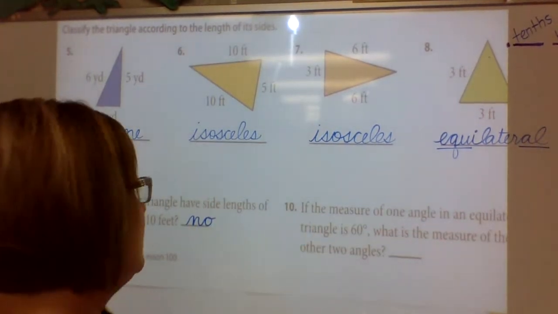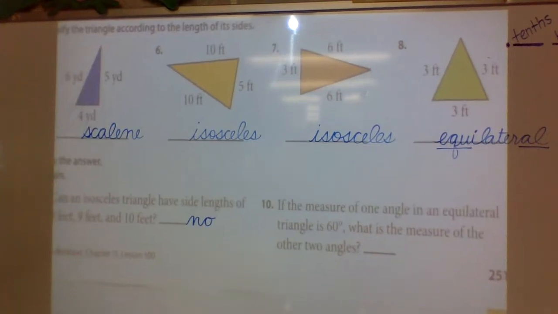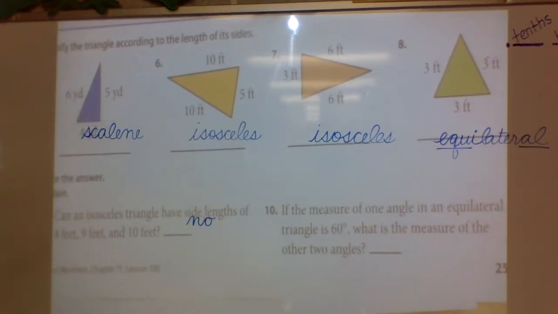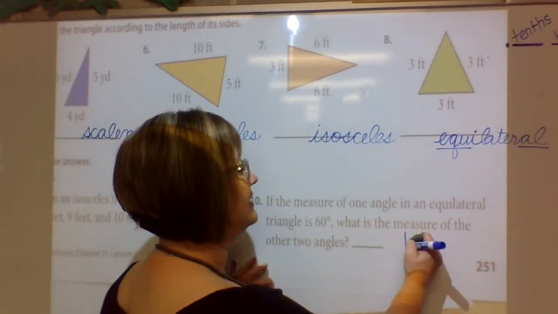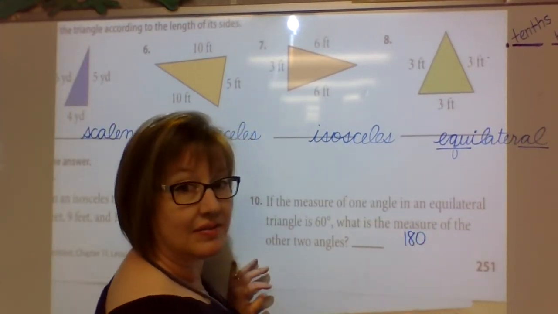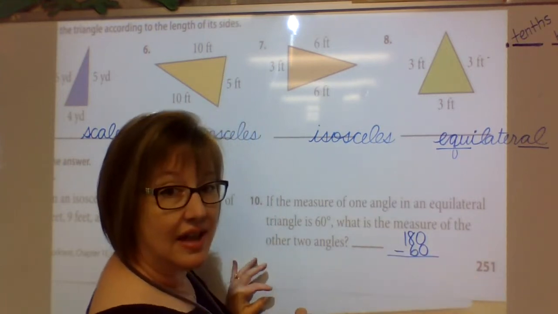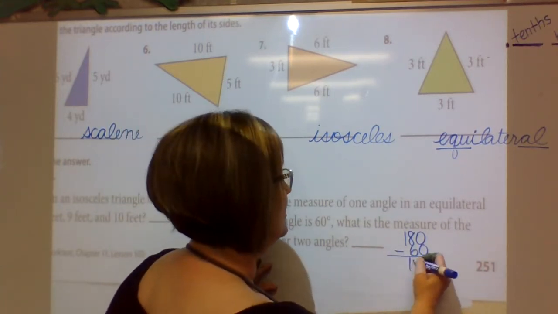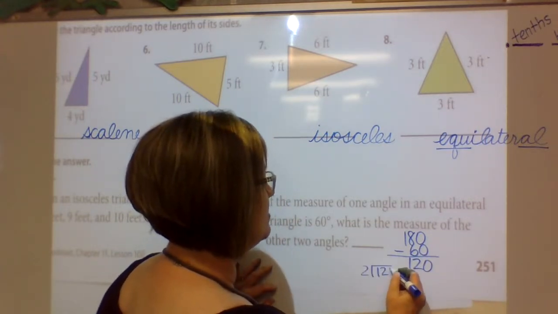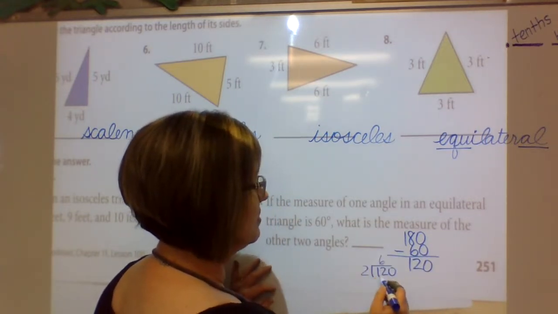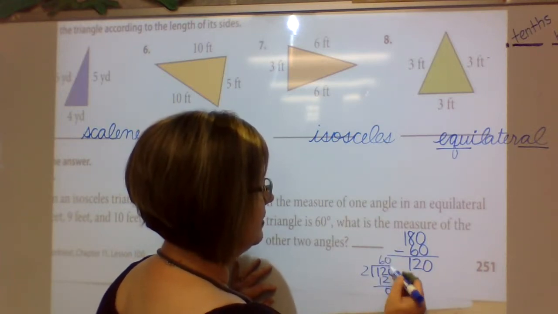It says if the measure of an angle in an equilateral triangle is 60 degrees, what is the measure of the other two angles? Okay, it has to equal 180, right? So we subtract 60, and that equals 120, and divide 120 by 2. 60.